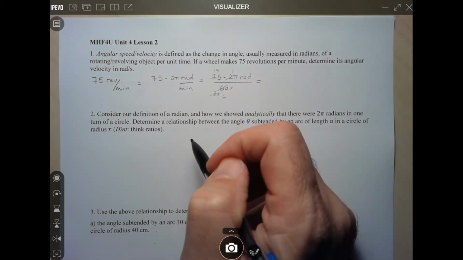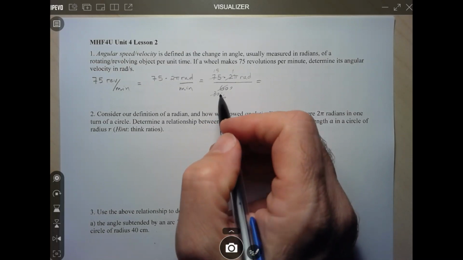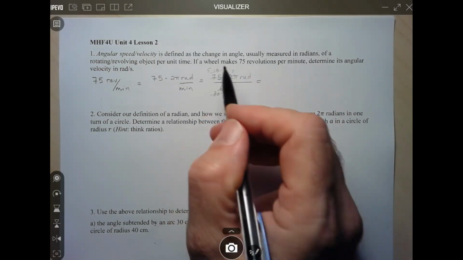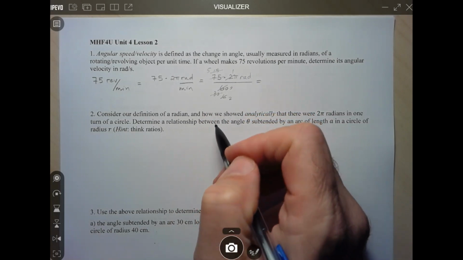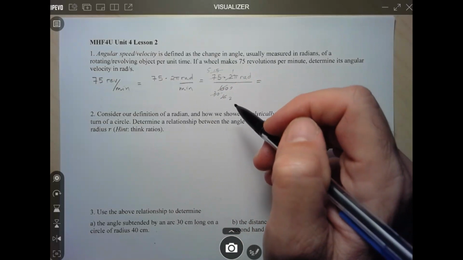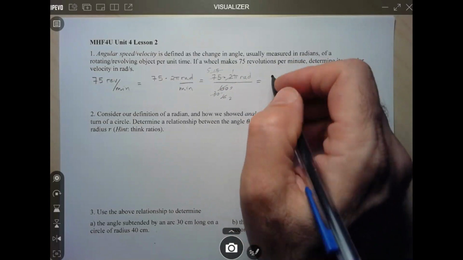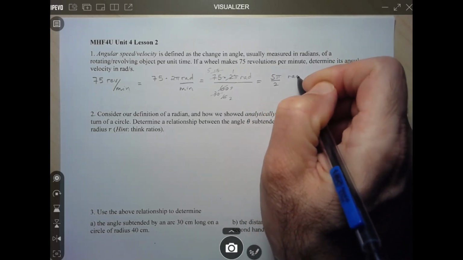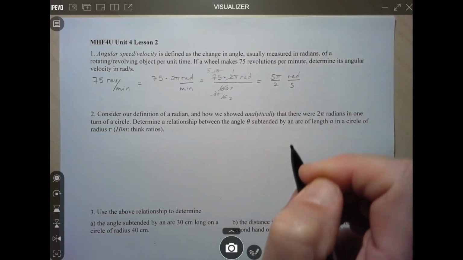And in fact, I can go even further because these are also both divisible by 3. So this will be 5 and this will be 2. So in the end, all of this, without even having to touch my calculator, reduces to 5 pi over 2 radians per second.